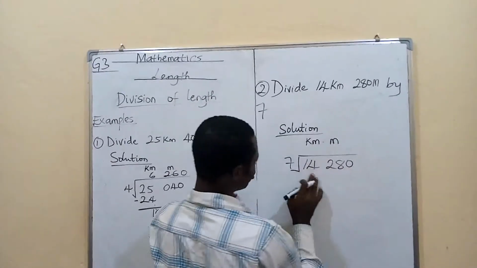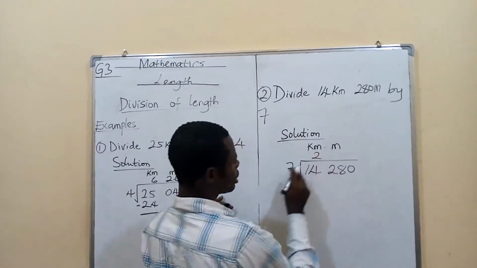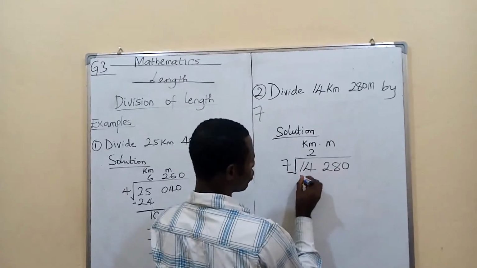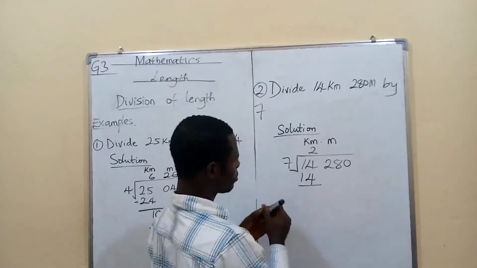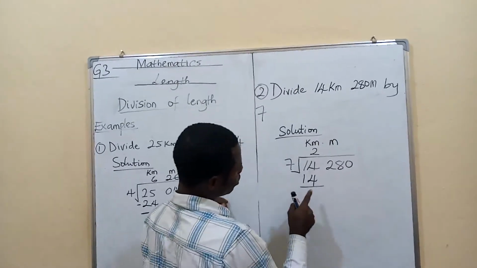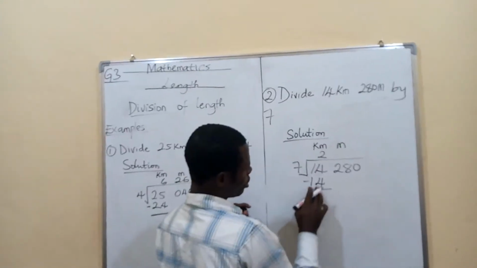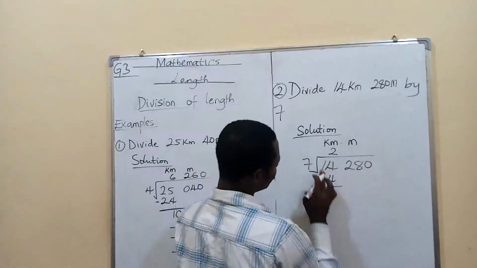Or 14 divided by 7 is what? 2. 2 times 7 is what? 14. Now we subtract. 4 take away 4 is 0, 0.